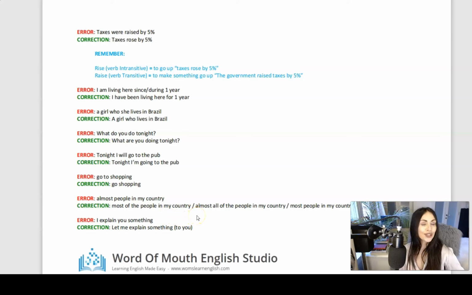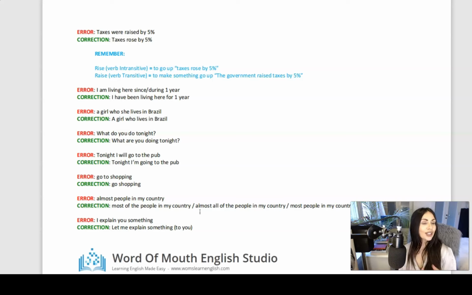Or another substitute for this, and I reckon this is what the original speaker was trying to say. He or she was trying to imply that almost all of the people in his or her country did this. So, that's the difference between most of the people, and almost all of the people.